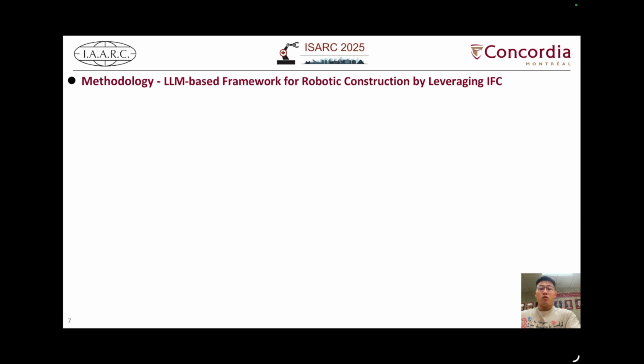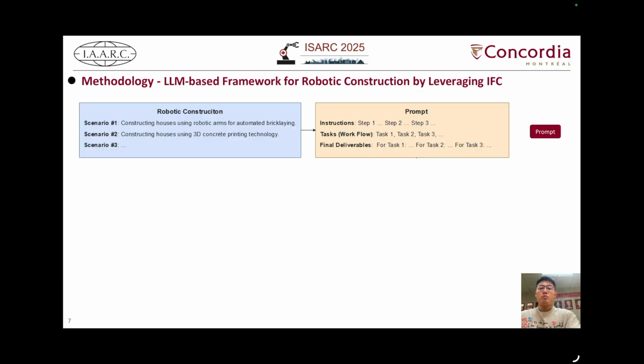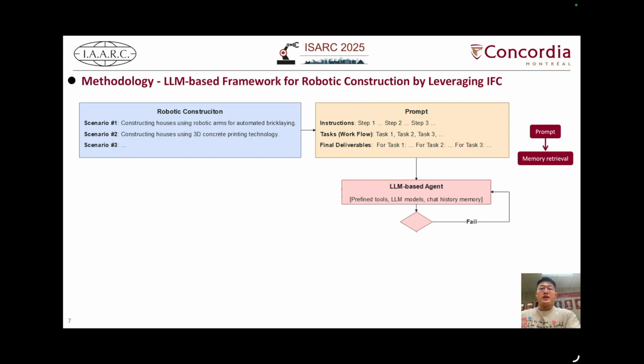The process of using this agent: the operator provides a task description and a prompt. After receiving the prompt, the agent first checks whether the memory already contains the needed IFC and semantic data.